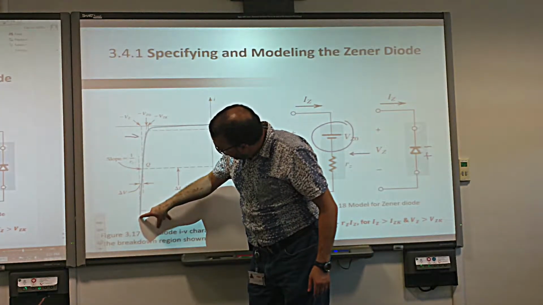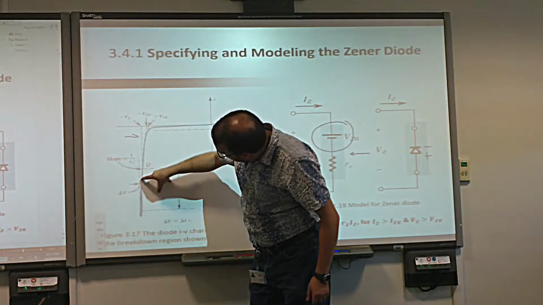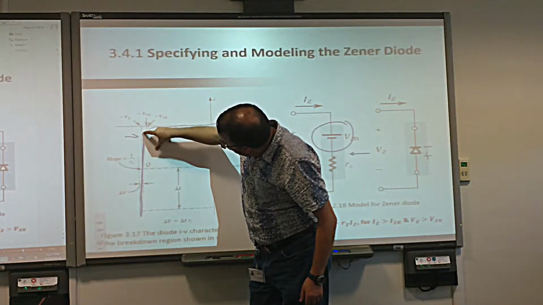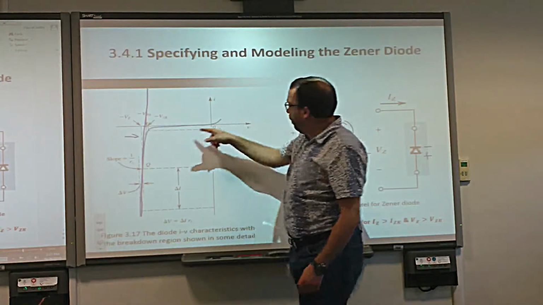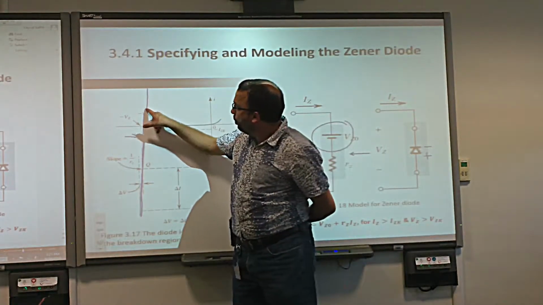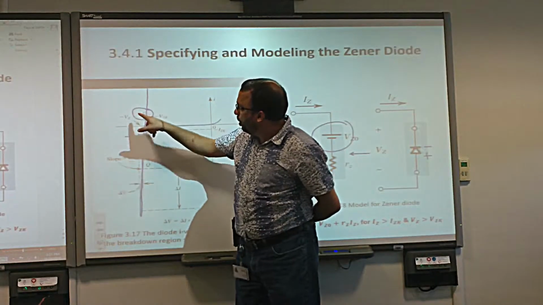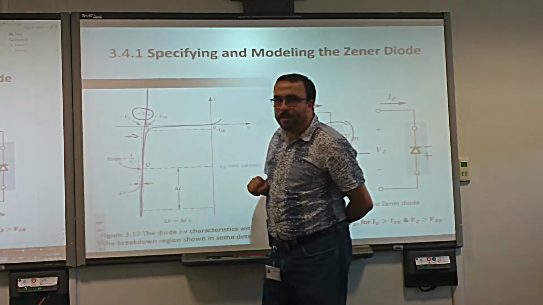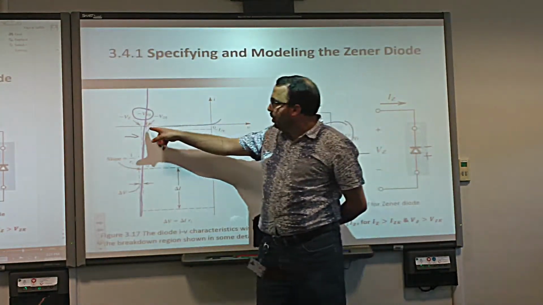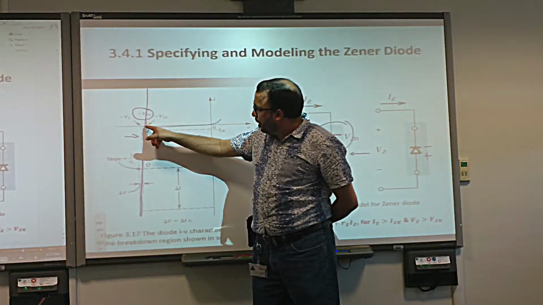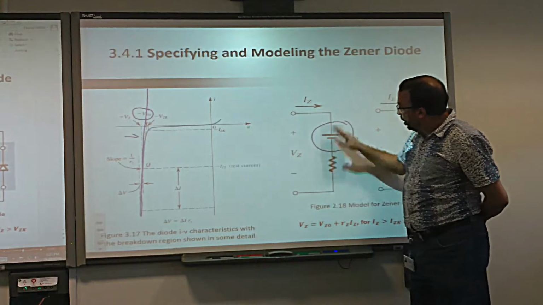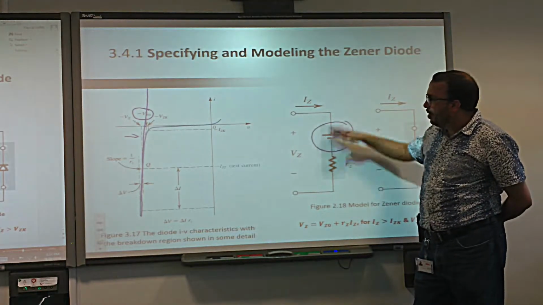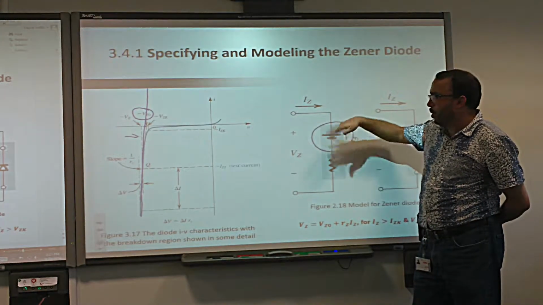Now, if we draw a line on this curve like this, one line, it will cross the axis of the voltage at a value that we call VZ0 or minus VZ0. Why does it cross there? Because at that point, the current is equal to 0. That means we don't have any resistance here, or if there is a resistance, it will not do anything.